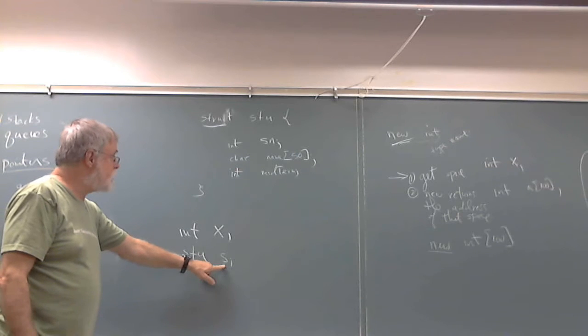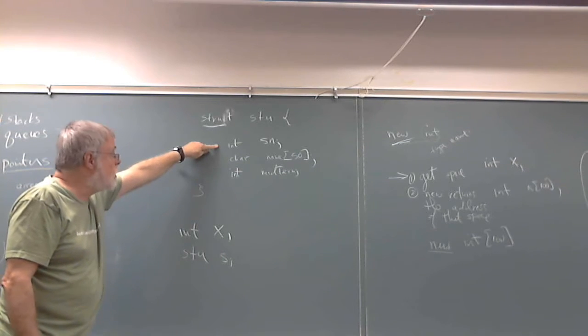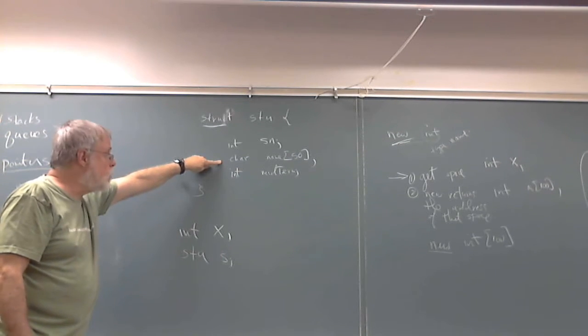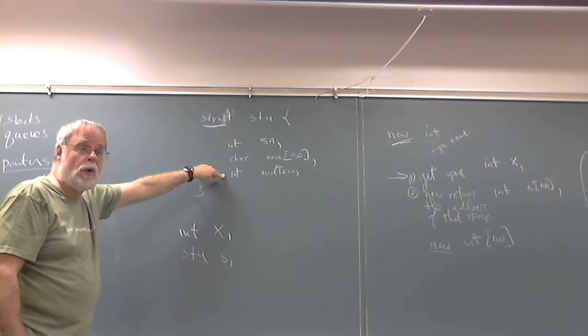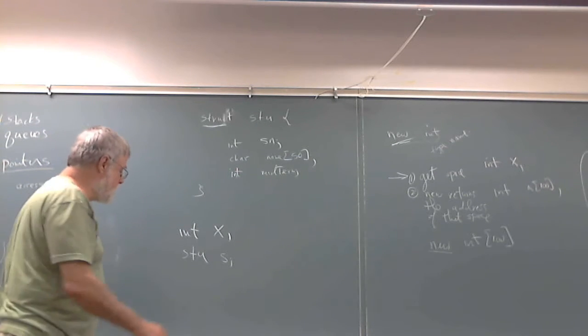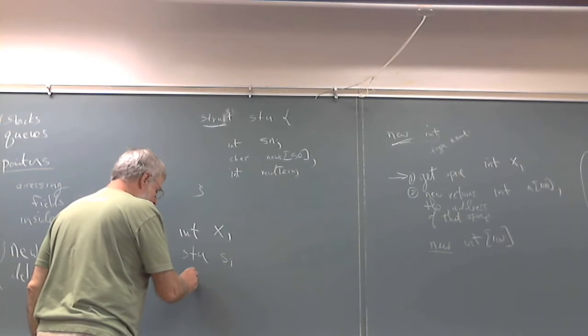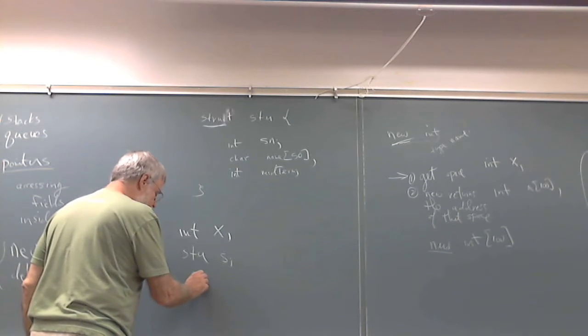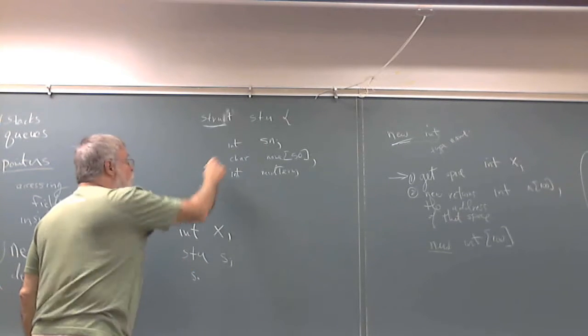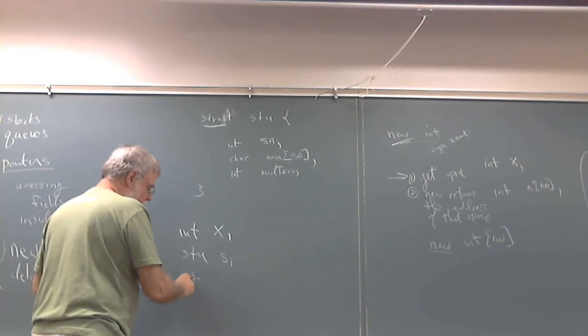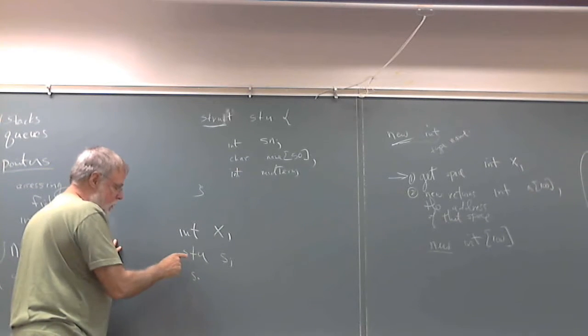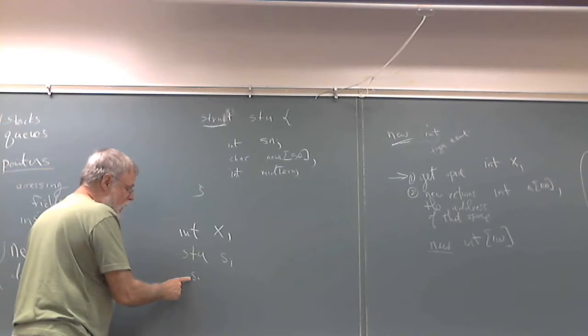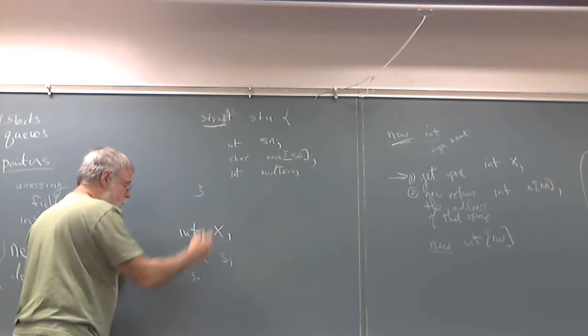So that means that s has in it a place for a student number, a place for a student name, and a place for a midterm grade. And so I can say here, for instance, s dot sn. So s is the name of the variable. It comes in 3 parts.